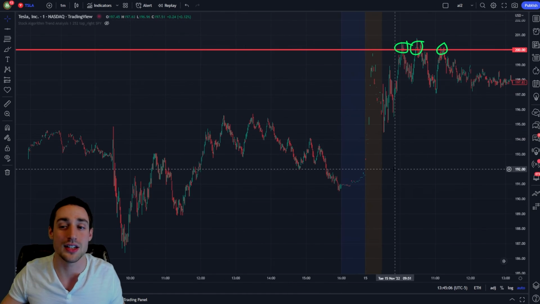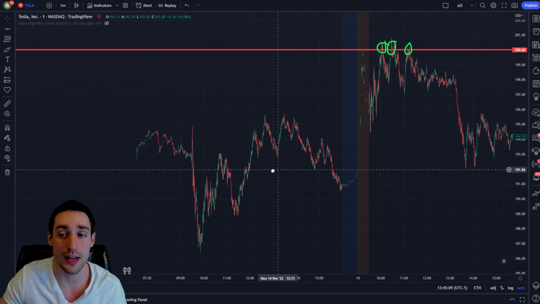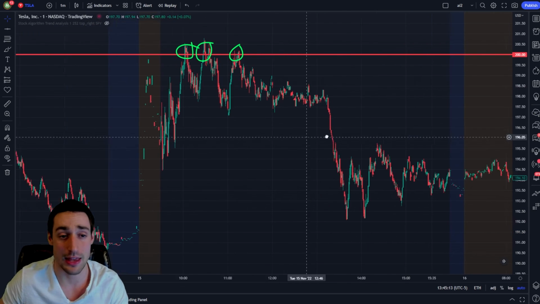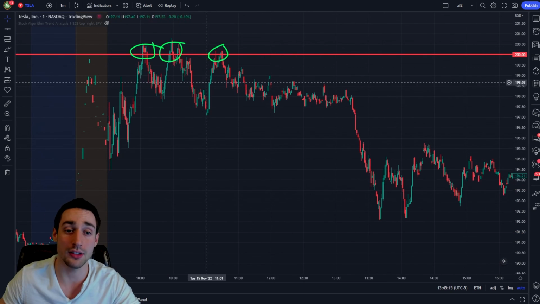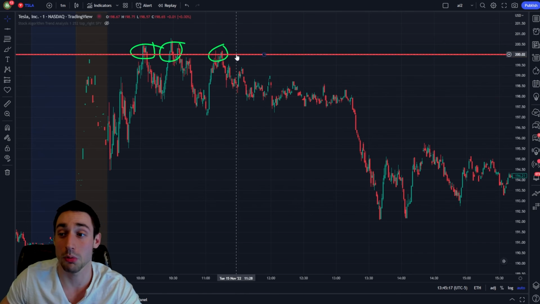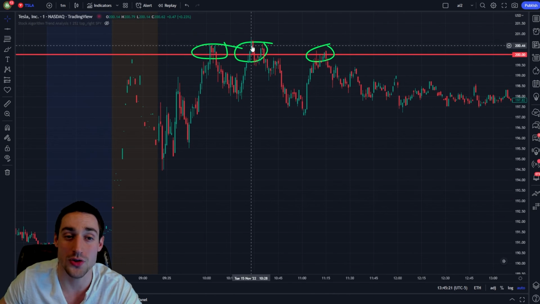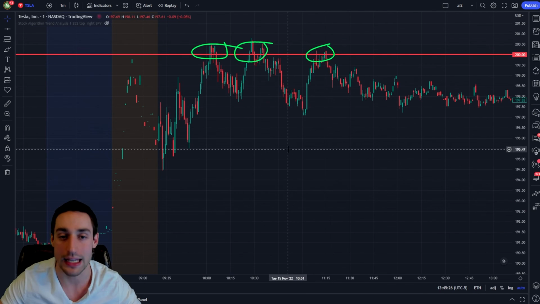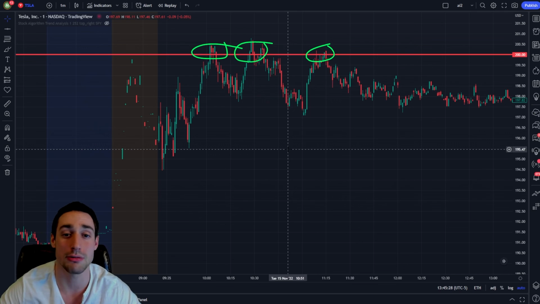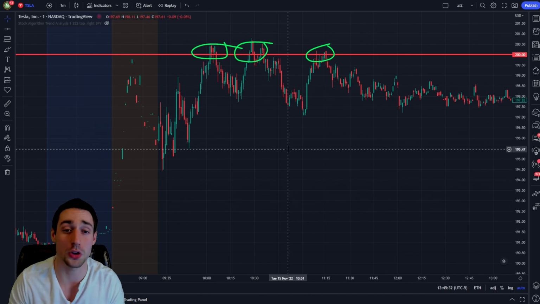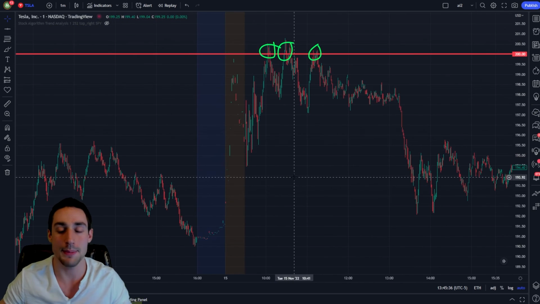But as a nice, easy way to get started, you can just look back throughout history and see how much wiggle room the stock needed in the past. For example, with Tesla right here, we could see that the resistance level is around 200, and at its worst point, it got up to $200.79. So you could say around 80 cents. For Tesla, you might continuously give it maybe 80 cents to $1 worth of wiggle room, depending on how the stock is moving for that day. So keep that in mind.